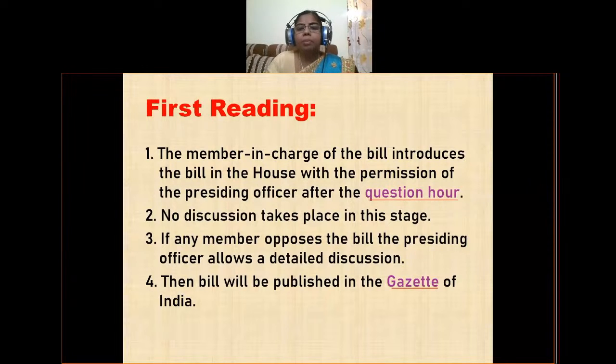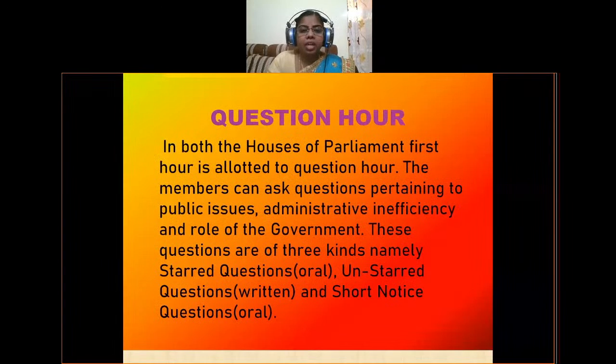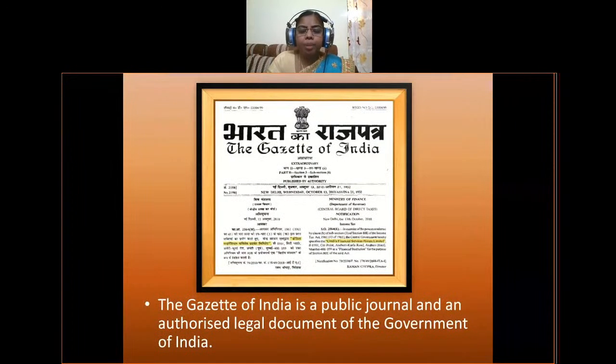Then the bill will be published in the Gazette of India. So let us see what the Gazette is. The Gazette is the public or official journal, an authorized legal document of the government of India. In this document, every action of the government of India will be published.